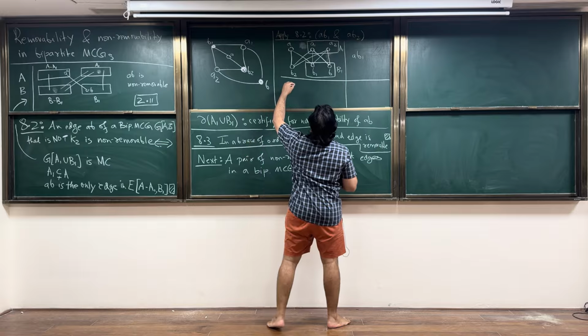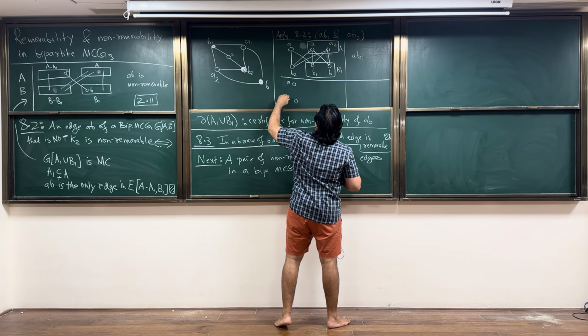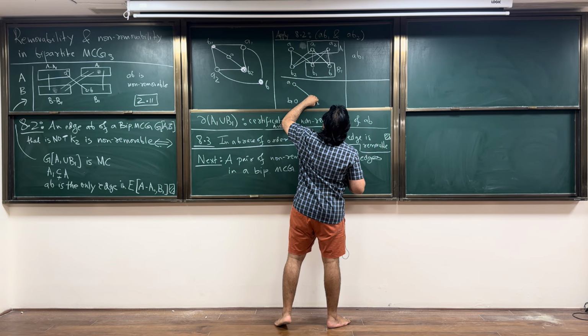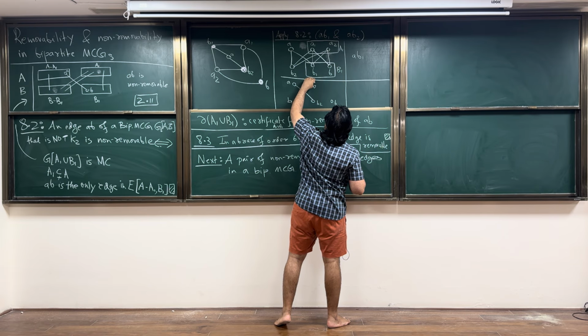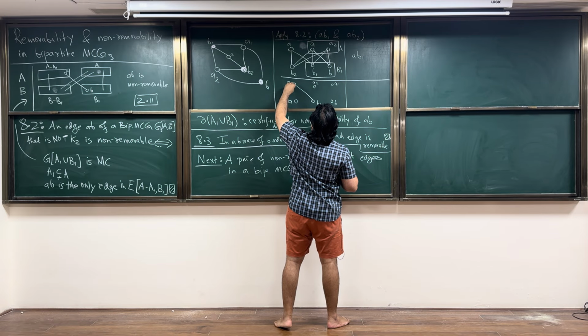And now let me do the same thing for the other edge. Now I should just be able to imitate it. This is AB1. This is going to be my B2. This is still going to be B. Maybe I'll swap them, A2 and A1, just for the sake of symmetry.